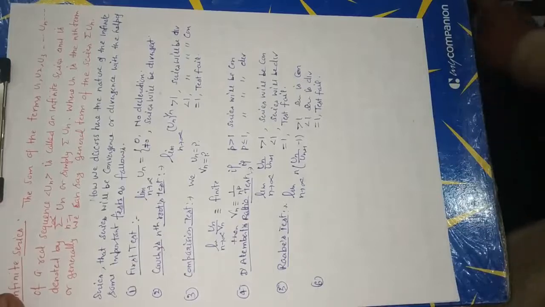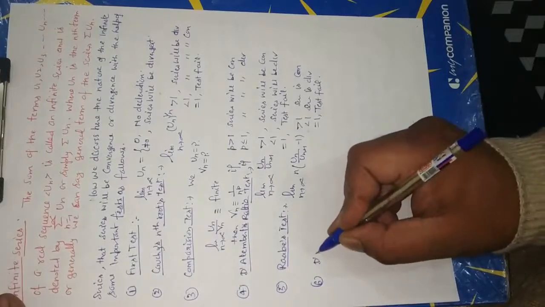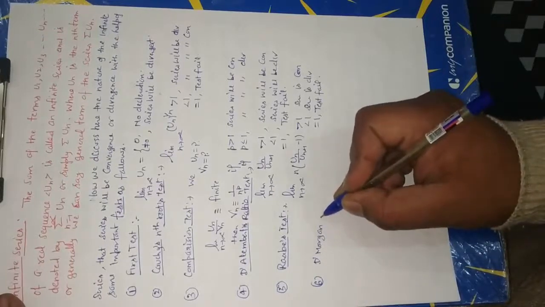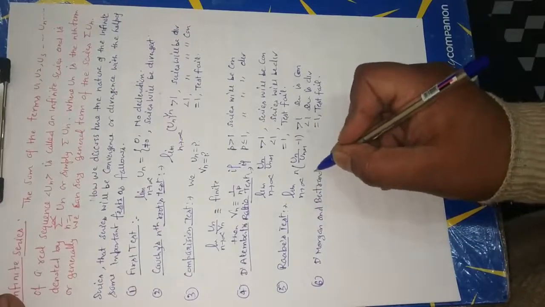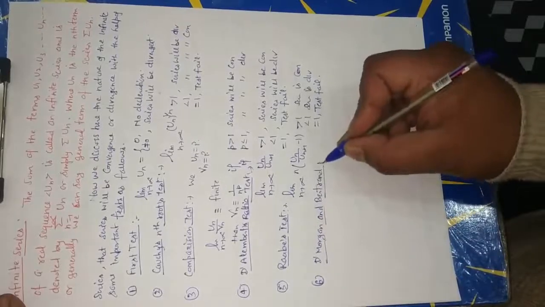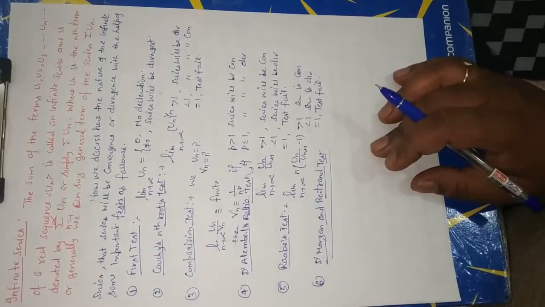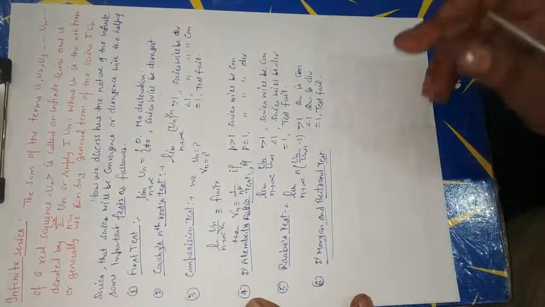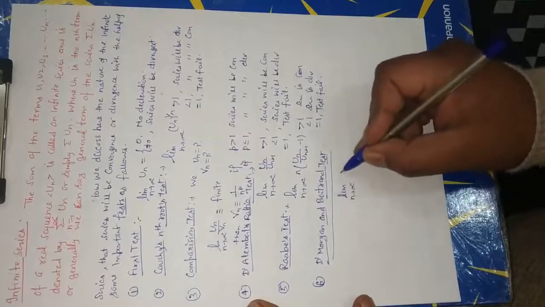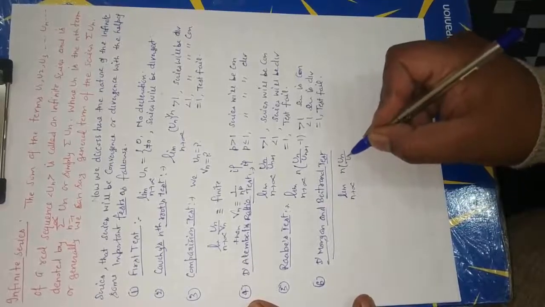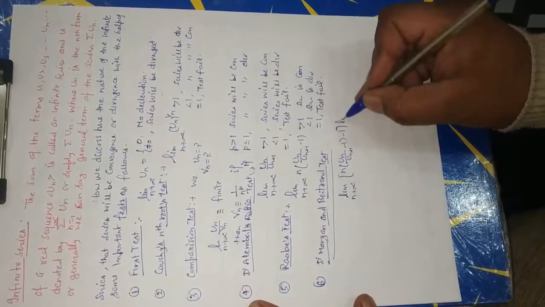In this case, when Raabe's test fails, then apply De Morgan and Bertrand test. The De Morgan and Bertrand test can be used only when Raabe's test fails. Now the test is limit n tending to infinity n times (un upon un plus 1 minus 1) minus 1, bracket close, times log n.